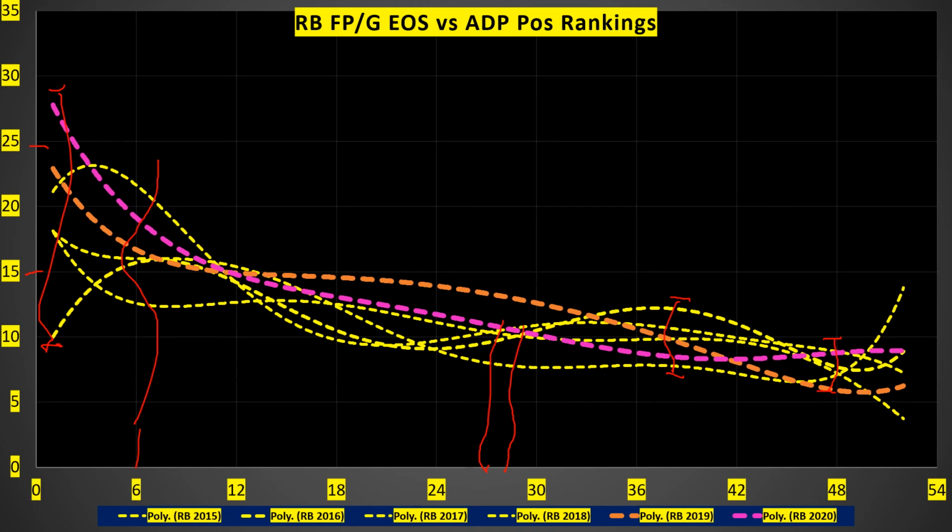I got to be honest with you. But at least, if you have some time, you might learn some other things that could be of use later, right? So it's always good to learn and to research. Okay. So that's the preseason ADP versus end of season fantasy points per game in running back.